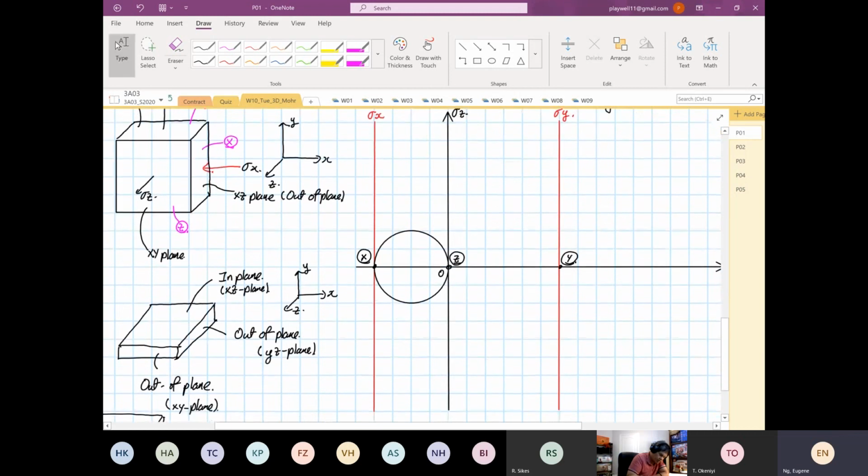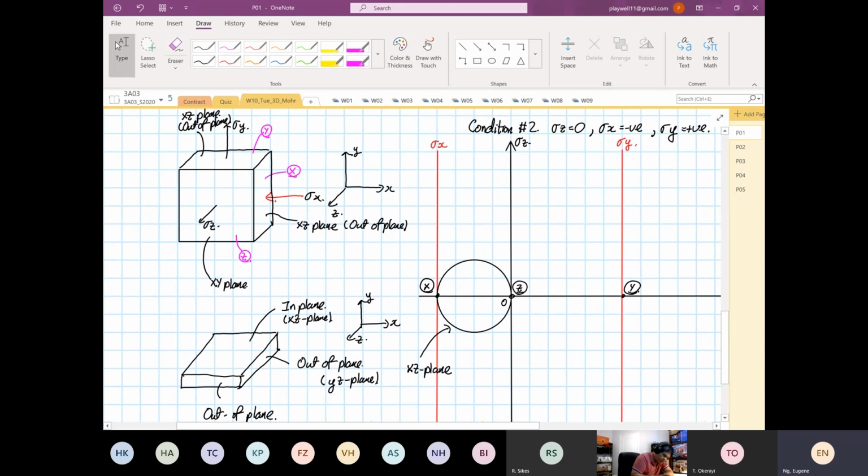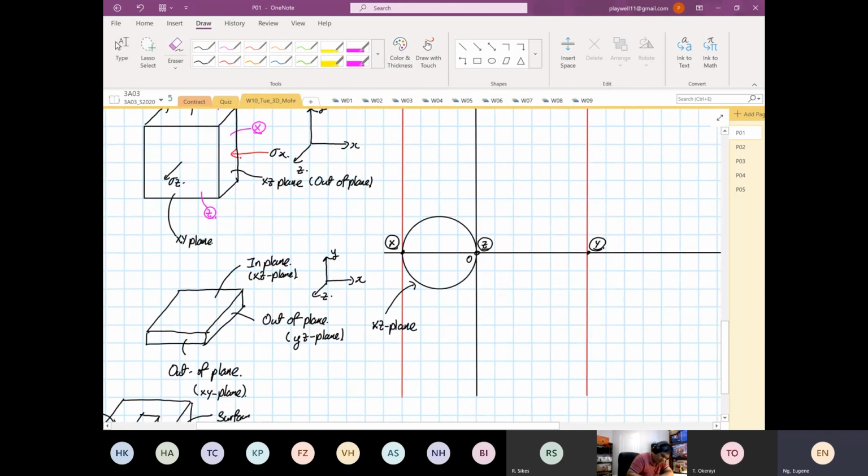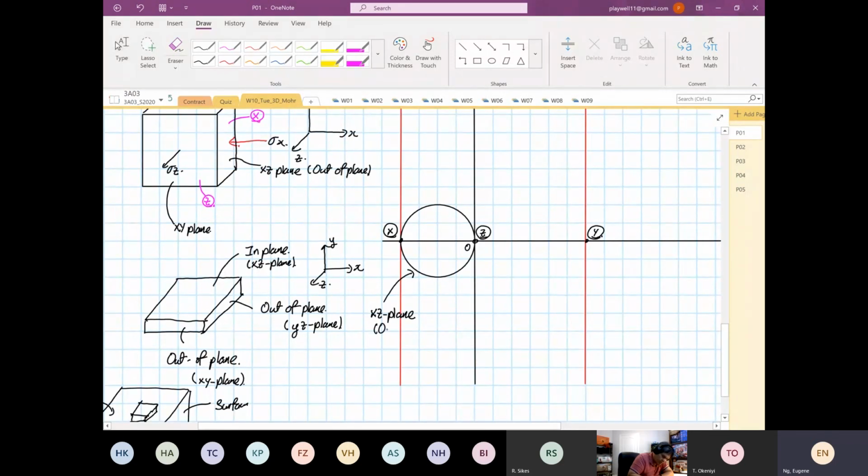This circle belongs to our XZ plane. Like what we see over here, our XZ plane is our out of plane. Sorry, for our case, this is our in plane.